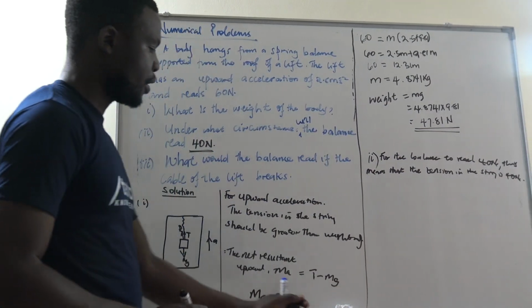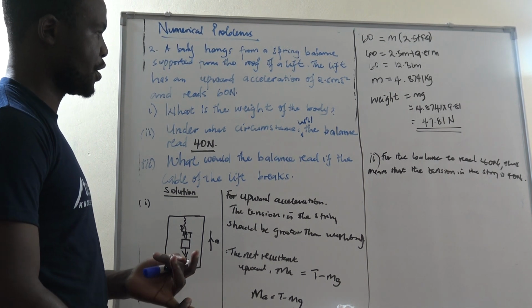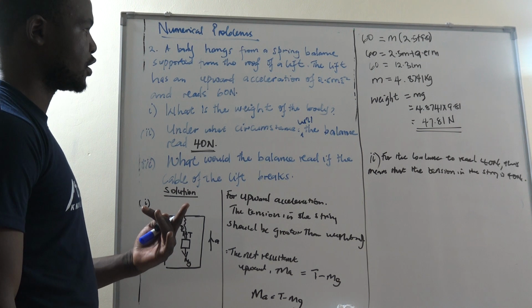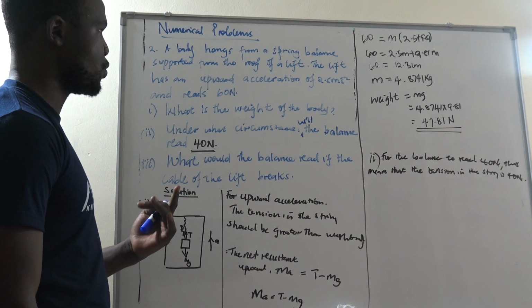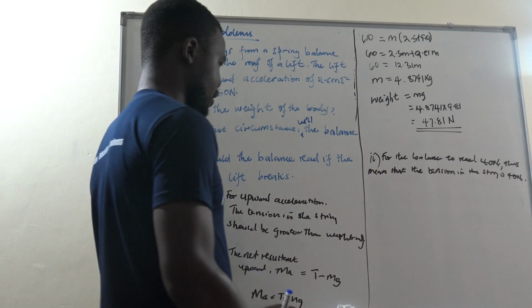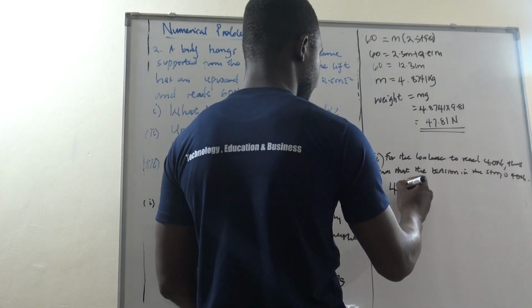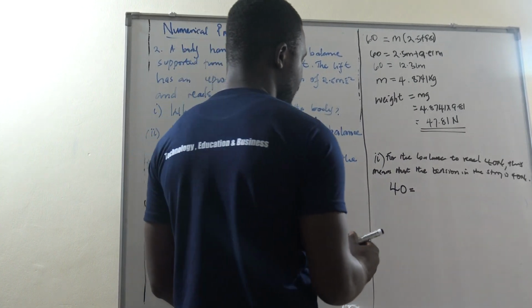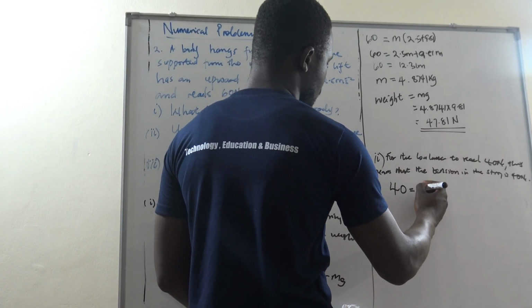Now, we know the mass of the body, but we do not know the acceleration in this case. Assuming we are still considering upward motion, 40 newtons should be equal to ma plus mg.